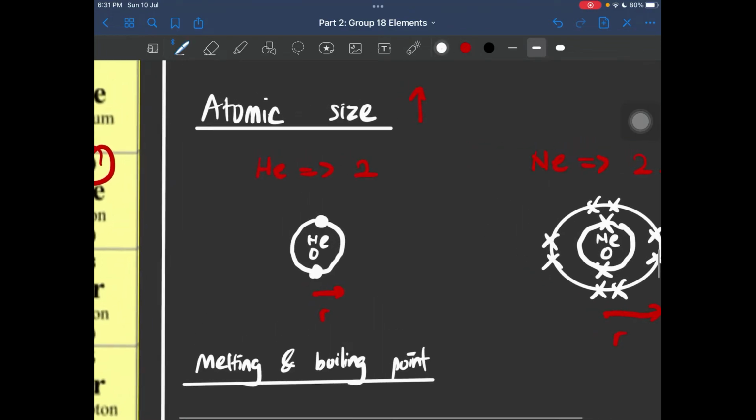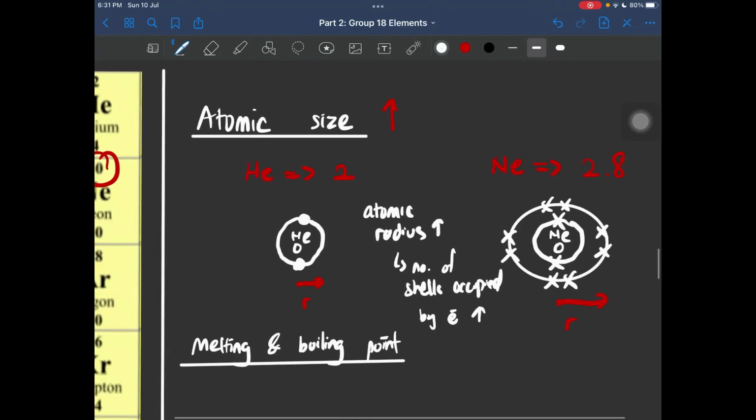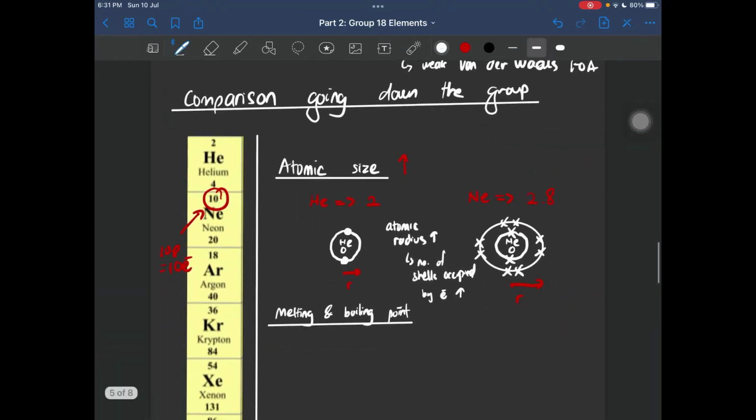We can say that the atomic size increases because the atomic radius increases going down the group, and this is because the number of shells occupied by electrons increases. Helium has 1 shell because it is in period 1. Neon has 2 shells because it is in period 2.